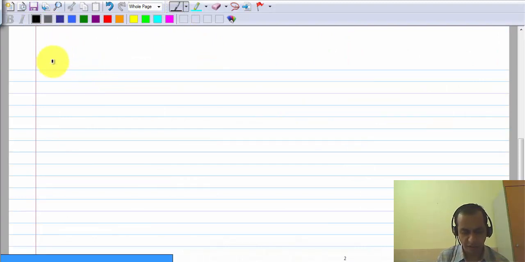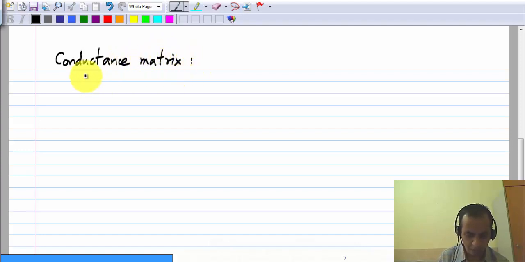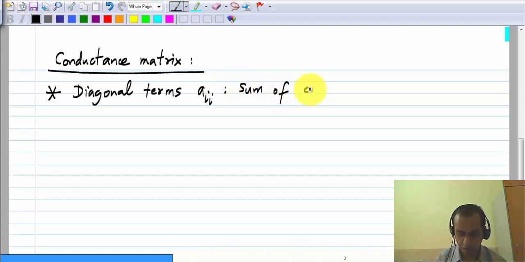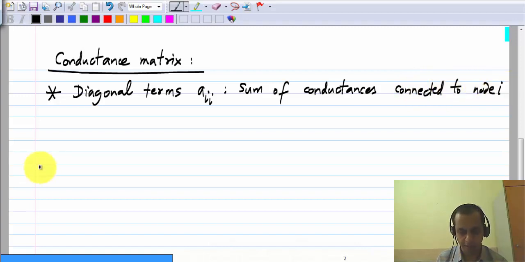So just to summarize the structure of the conductance matrix, firstly we will have the diagonal terms Aii to be the sum of conductances connected to node i.